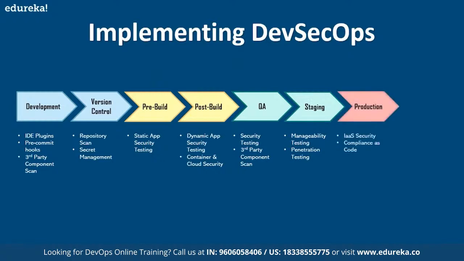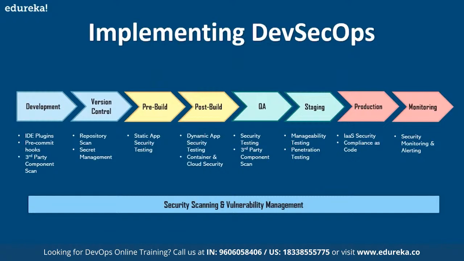So at the production stage, the infrastructure as a service security, wherever you're deploying the model, we'll have to check the security of that infrastructure and the compliance of the code. Okay, so all these aspects will be looked into from development to production, and once it is productionized, during the monitoring stage, all the security monitoring and alerting will be taken into action.